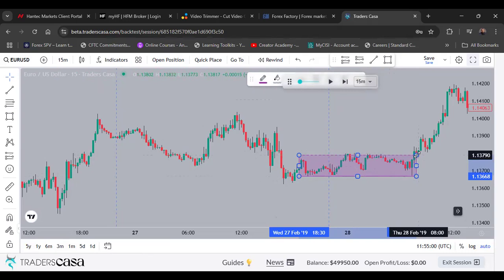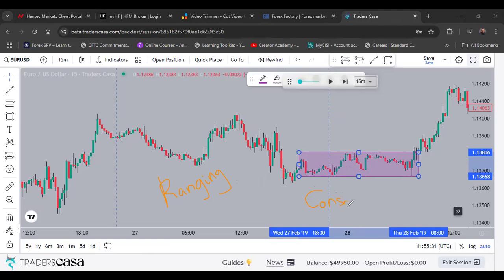We call this a range market or a consolidation market. So when the market moves in this way, we call it a range market, a ranging market, or a consolidation.